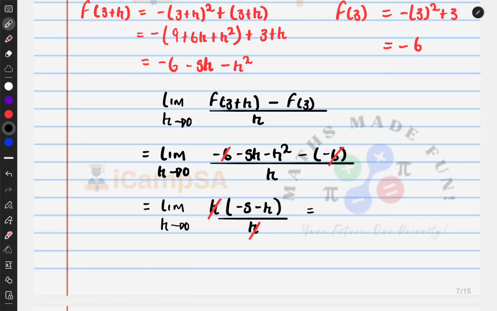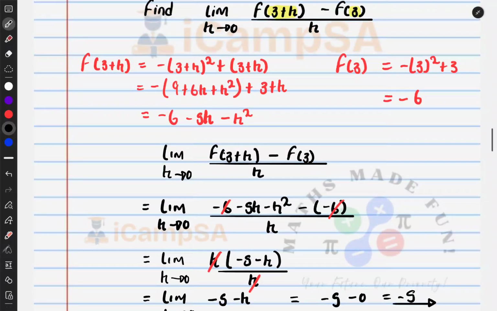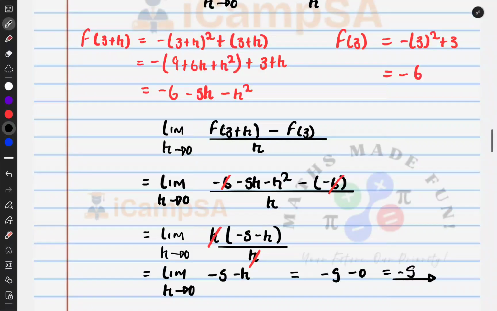Therefore we're going to have the limit as h approaches 0 of negative 5 minus h, which will be equal to negative 5 minus 0, which is negative 5. So basically that's the gradient at the point where x is equal to 3.